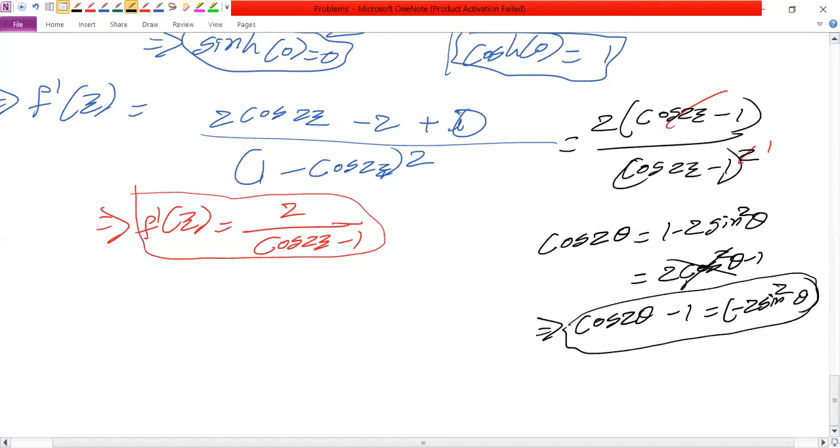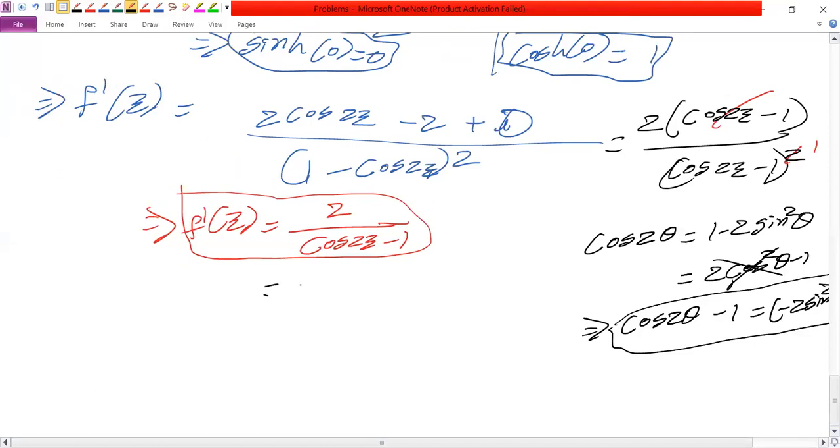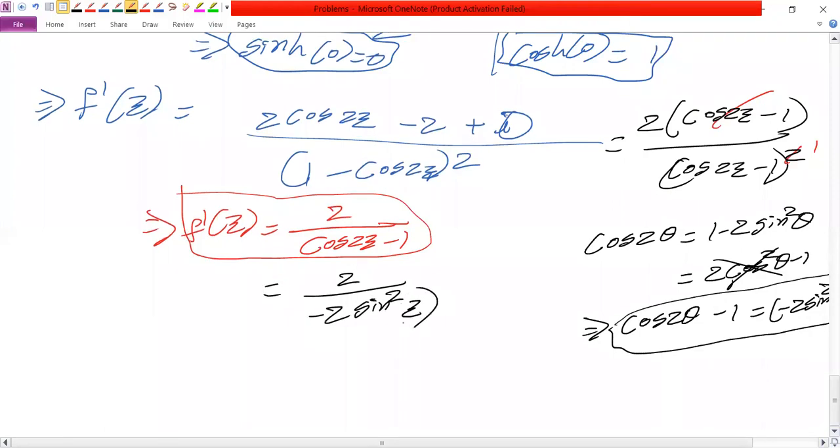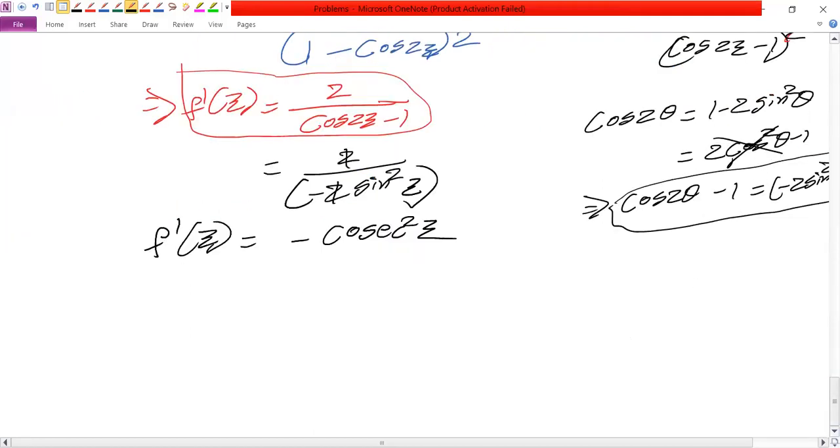Now, what is going to become? It is equal to 2 by minus 2 sine square theta. Theta is nothing but z here. So 2 gets cancelled. Then finally we'll get f dash of z equals to minus cosecant square z. Now this is just f dash of z, but we need to get f of z.